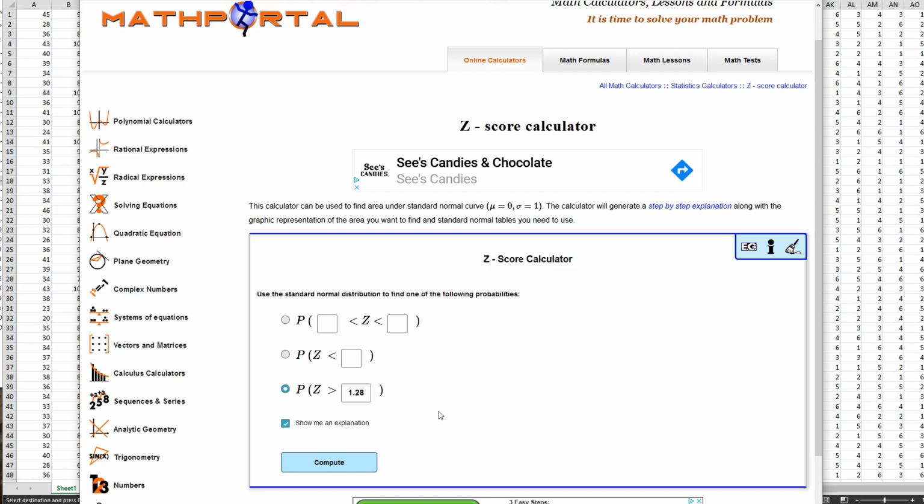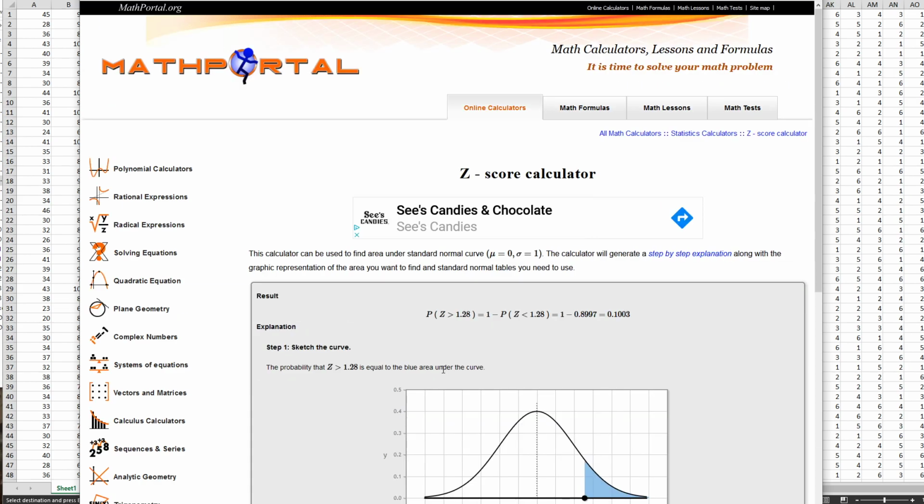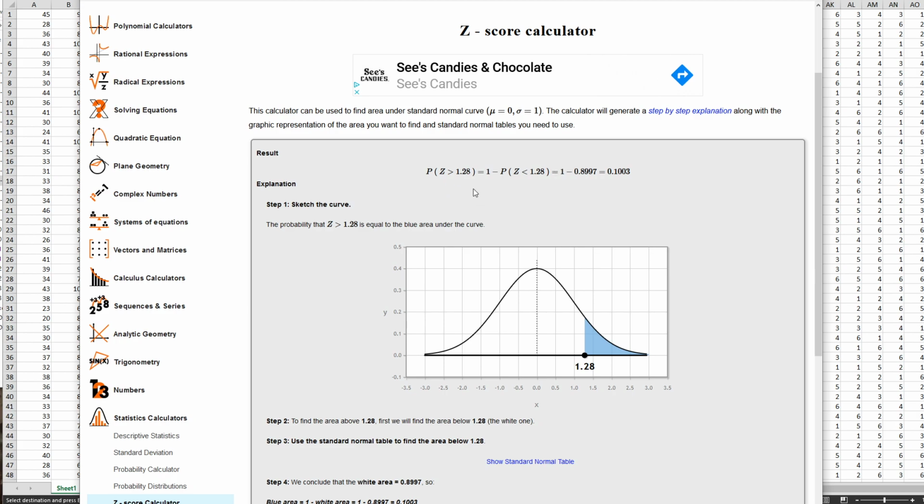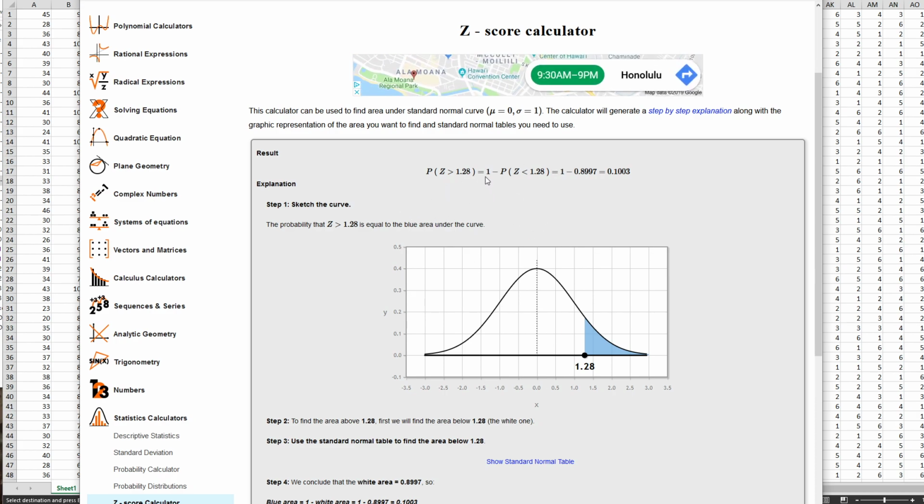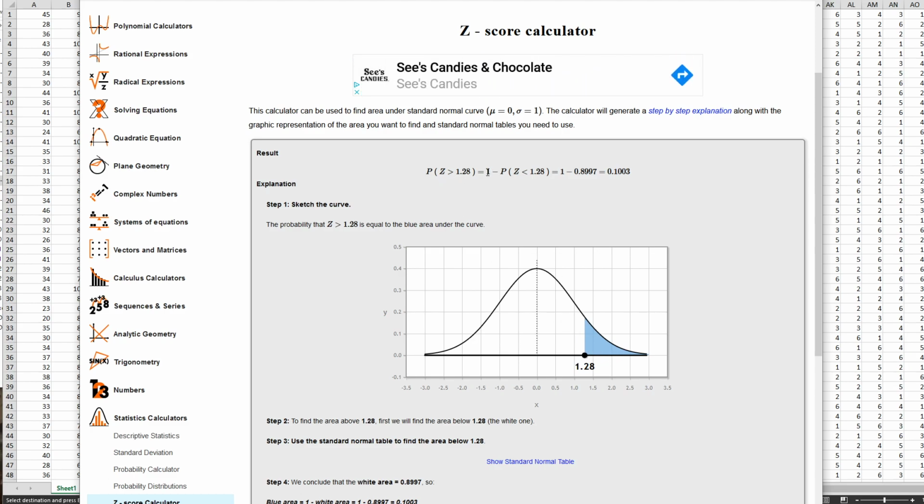So there are some z-score calculators available online. One is here, when we dealt with 1.28. If we click show explanation and continue, it actually shows you all of the needed parts. It tells you that the probability above 1.28 is equal to 1 minus the probability that is below.